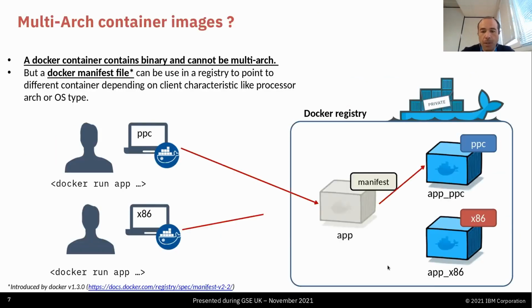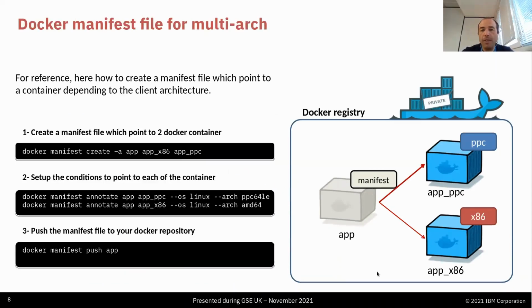So if we have this environment in place, how to create or generate this little file is quite easy. You have some specific commands to create and generate that manifest file. You have your application, so you call it, for instance, app. In our case, that's the Sushi application. And then you have the Sushi x86 and the Sushi Power or the Sushi s390x application.